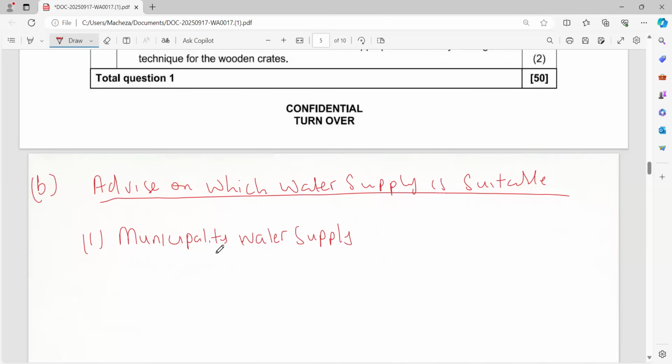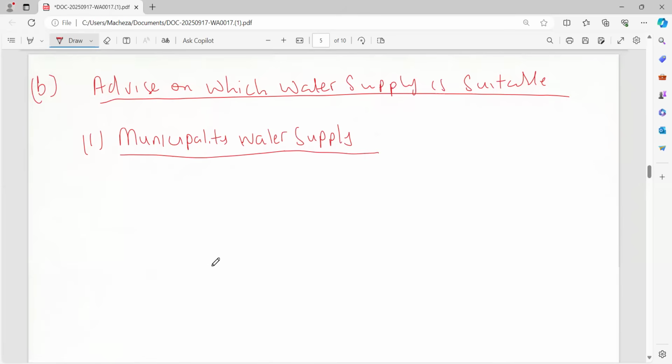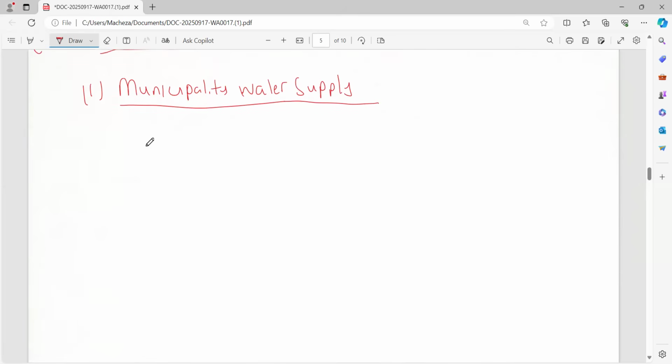In the municipality water supply, we need to determine the variable cost per unit. That's the first thing that we need there.